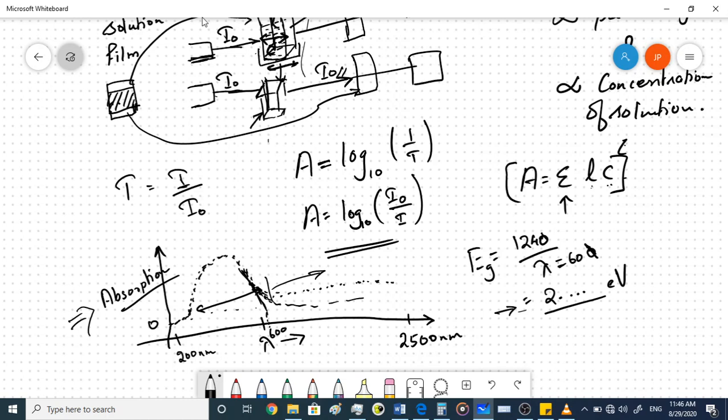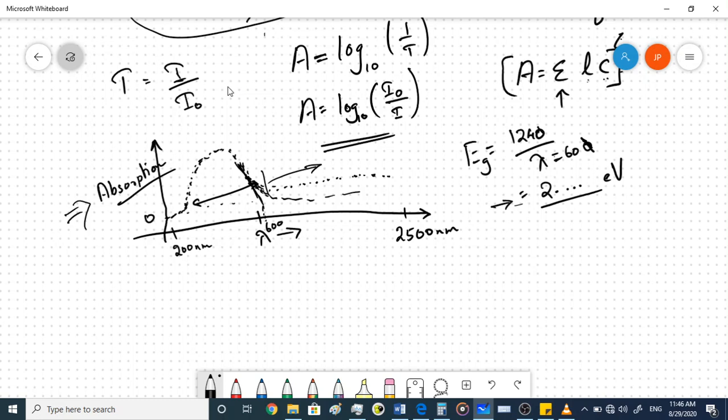Now in some of the spectrophotometers, while doing these calculations, we have only taken into consideration the absorption and transmittance, but a small amount of light can also be reflected by these materials.